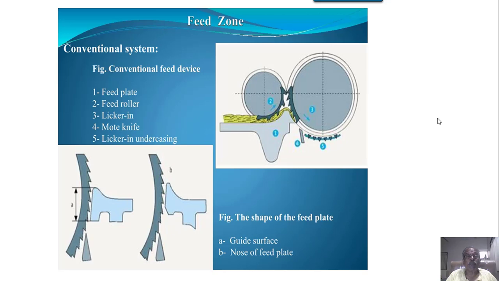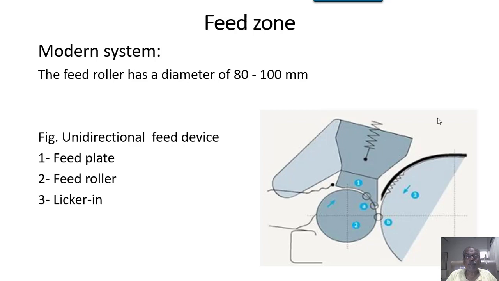In the conventional feeding system, how it is done is depicted here. The feed dish plate is there, the feed roller is there, and then the Tickering or Likkerin will beat the material. So we have feed plate, feed roller, Likkerin, mote knives, Likkerin under casing. Under casing was there in case of the Likkerin in the conventional system.